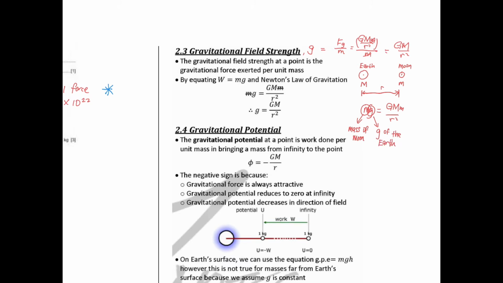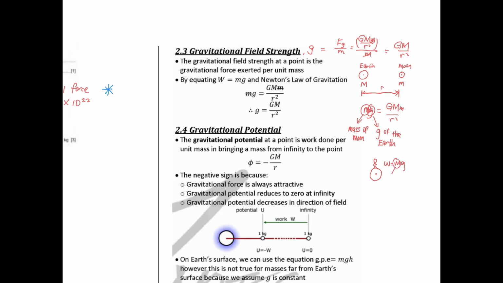Okay. Why is it like that? Imagine, let's come back to something simple, something that we learned before. You stand on the Earth. Your weight is mg. W equal to mg.